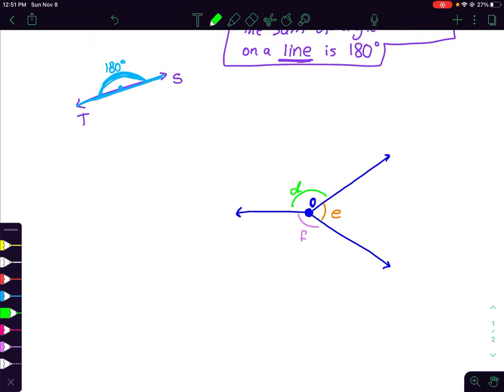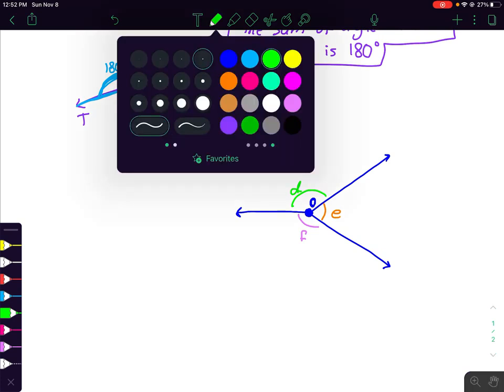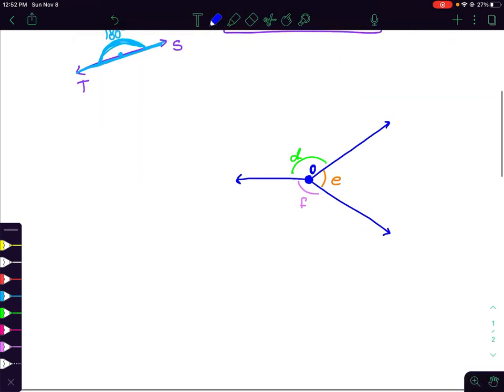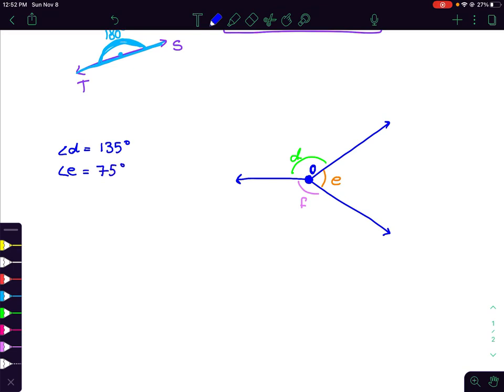Then again, we use our protractor to measure them. When we measure them, and you can try it at home, we realized angle D is 135 degrees, angle E we got 75 degrees, and angle F we got 150 degrees.